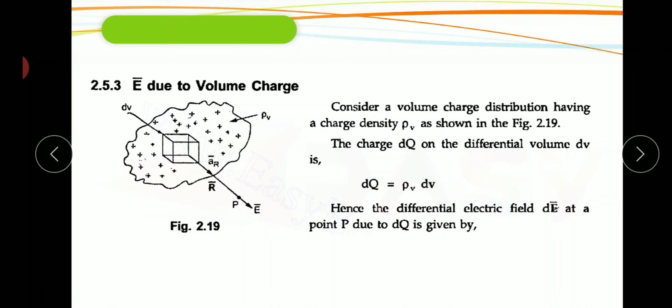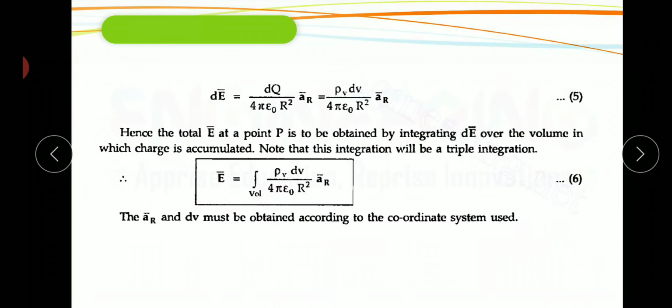Now let us consider a point P which is at a distance capital R from the differential volume. Now we have to find the electric field intensity at this point due to this differential volume charge. So this is the expression for the differential electric field due to differential charge, that is volume charge.